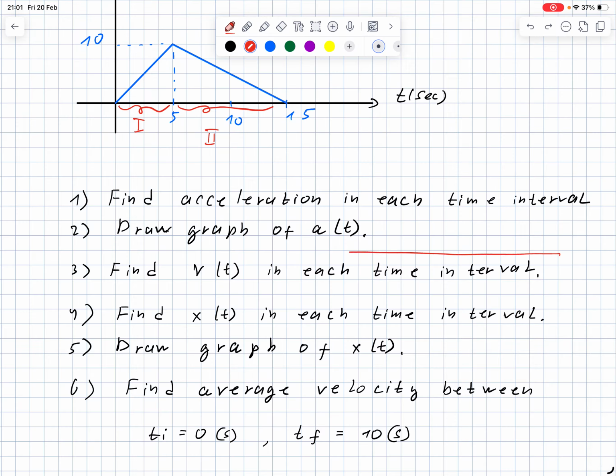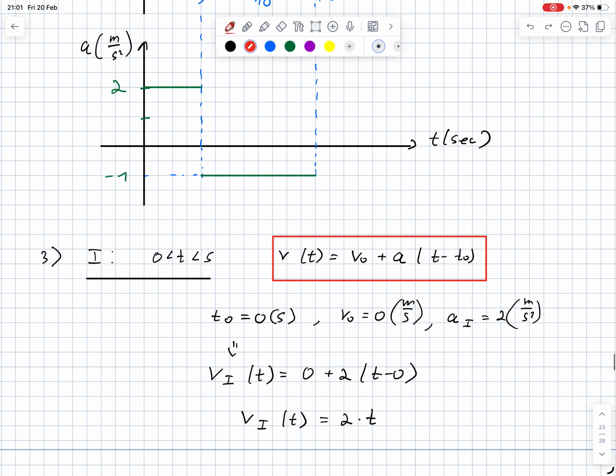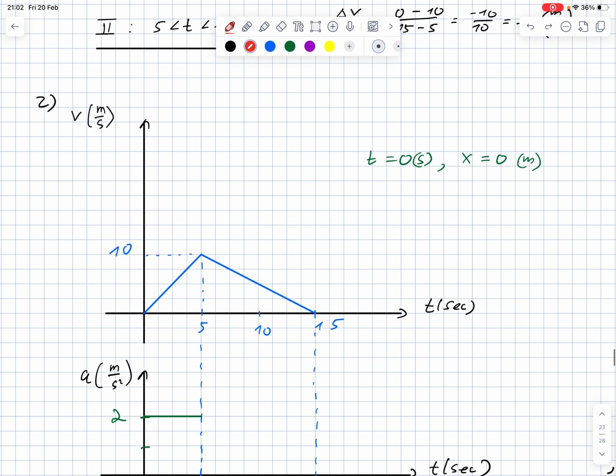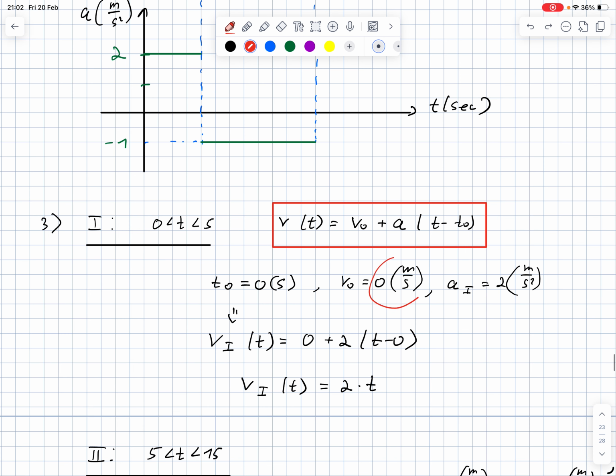Now we need to find the function of v of t for each interval. To answer this part, we're going to use this formula. We know that when t equals 0 seconds, initial velocity is 0 meters per second, as given by the graph, and we calculated in the previous part that the acceleration of the first time interval is 2 meters per second squared.